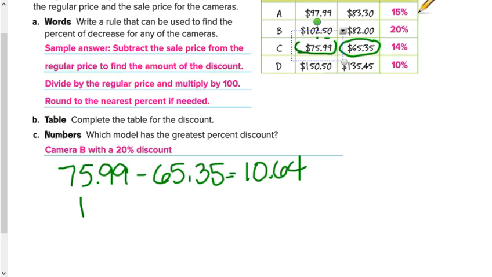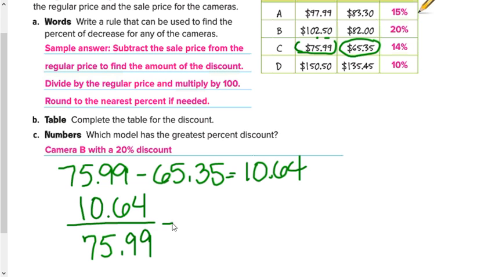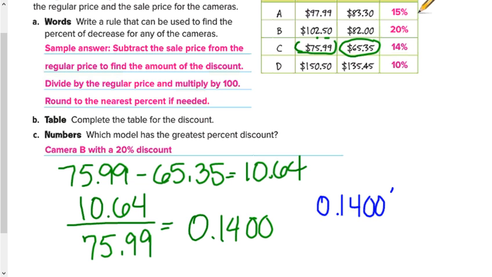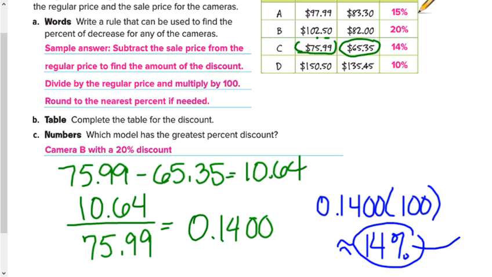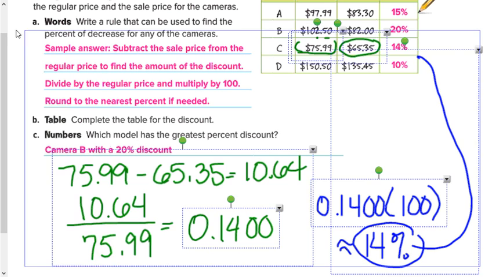Let's go ahead and take our $10.64, divide it by 75.99, and that's going to equal for us 0.1400. I didn't write the rest of the numbers down. But we have to take this number and multiply it times 100 to turn it into a percent, and that's how I got about 14%. Okay, there. All right, so let's do our last one, D.